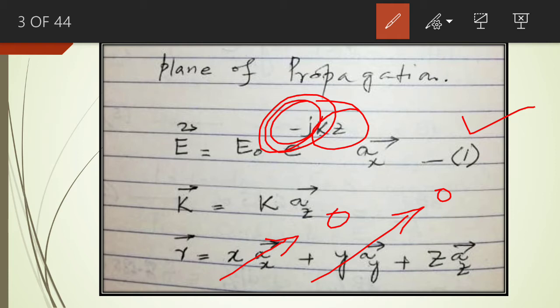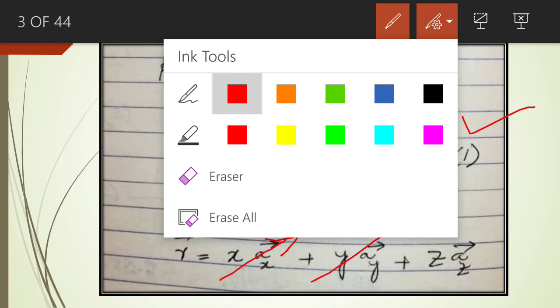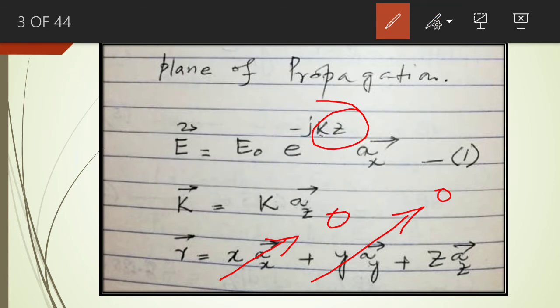So as the wave is traveling along positive z axis, we represent the propagation constant with the help of a vector quantity, and we consider this propagation vector in the direction of the motion of the wave, in the direction of the propagation of the wave. So as the wave is moving along z axis, we consider this vector in the direction of the unit vector az. So vector k is equal to k az.